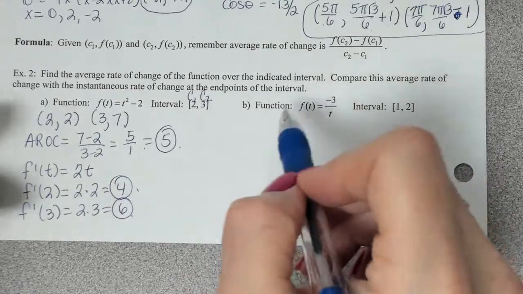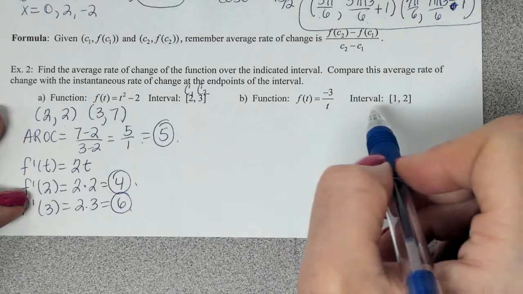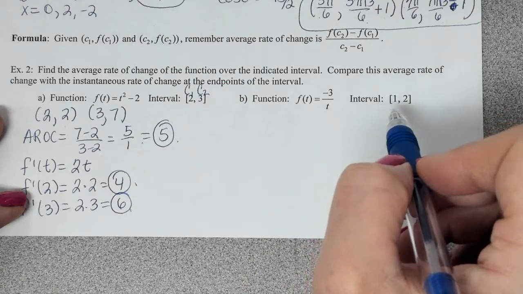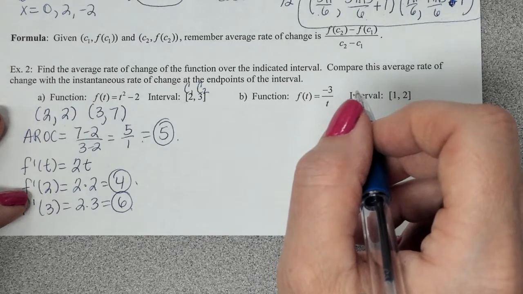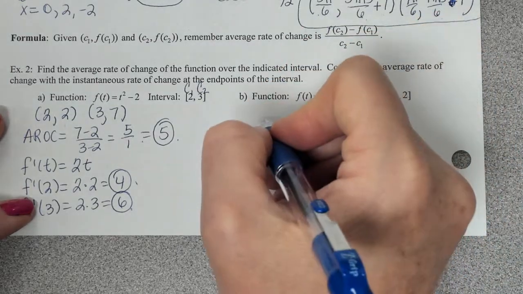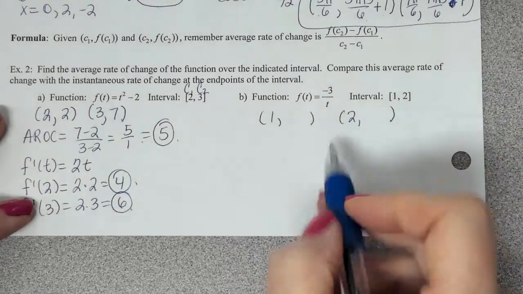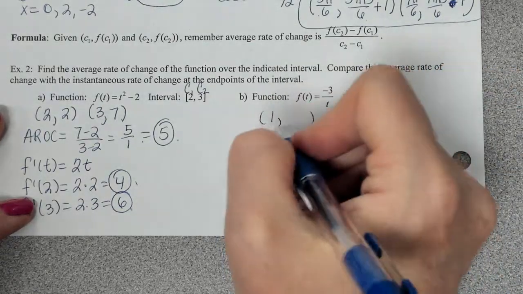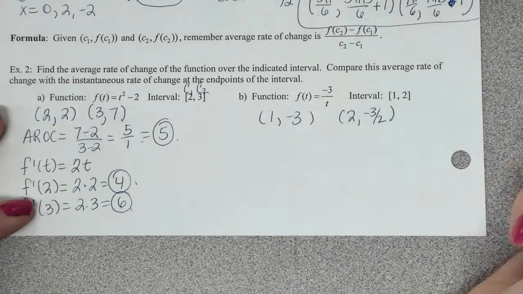All right then, let's take a look at this last one. Here's our function, negative 3 over t. First thing we want to do is find our average rate of change over the interval. So what do I need to do? I need to find the what? The y values. Good. So I need to find 1 comma something and 2 comma something. If we plug in 1, we get negative 3. If we plug in 2, we get negative 3 halves.